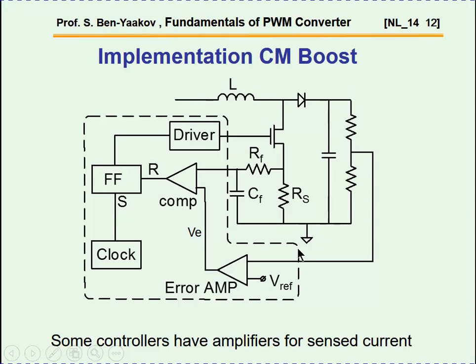So the outer loop is responsible for the stabilization or regulation of the output voltage, while the inner loop is actually responsible for the current feedback, which is also generating the duty cycle and also reducing the order of the system. So this is how a current mode is actually operating.